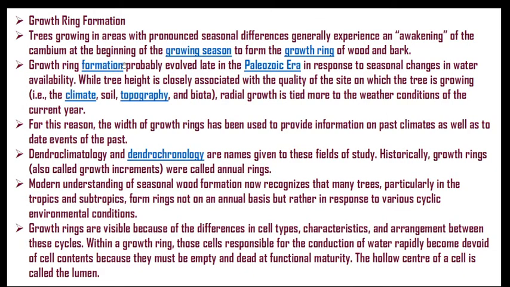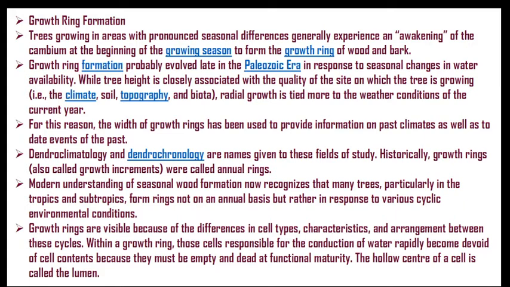While growth ring formation probably evolved late in the Paleozoic era in response to seasonal changes in water availability, tree height is closely associated with the quality of the site on which the tree is growing, that is, climate, soil type, topography and biota.